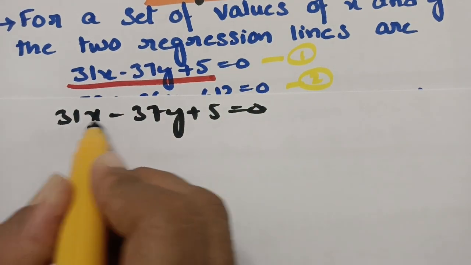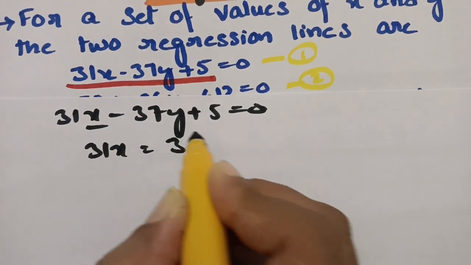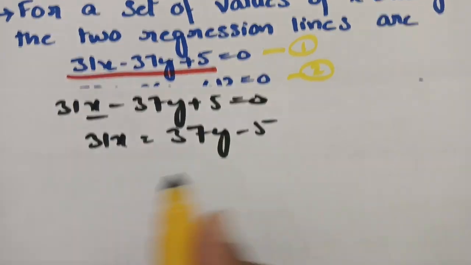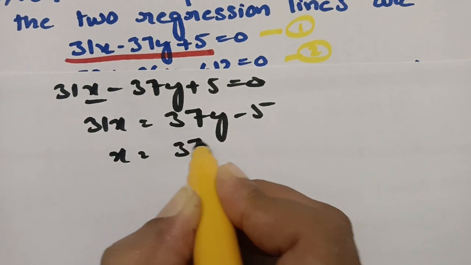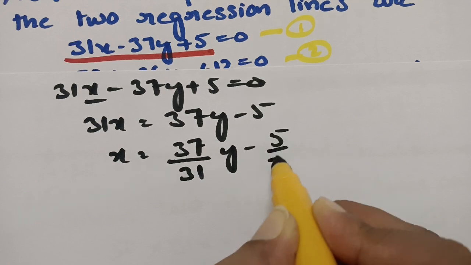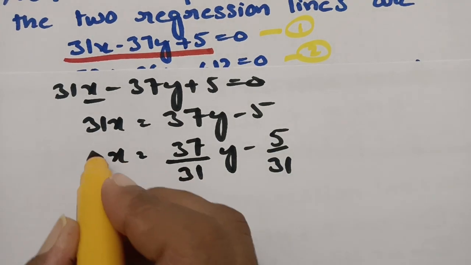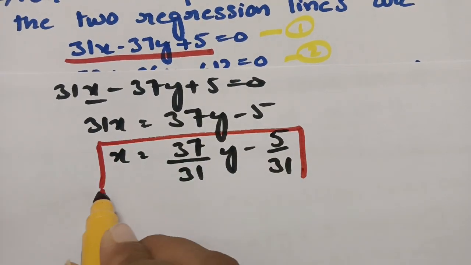From this, what is our x value? So 31x is equal to 37y minus 5. So x is equal to 37 by 31 y minus 5 by 31. Clear? So this is our first equation, that is regression line of x on y.